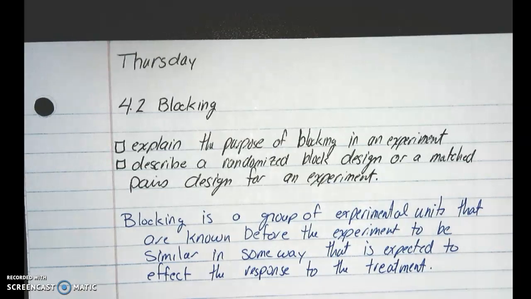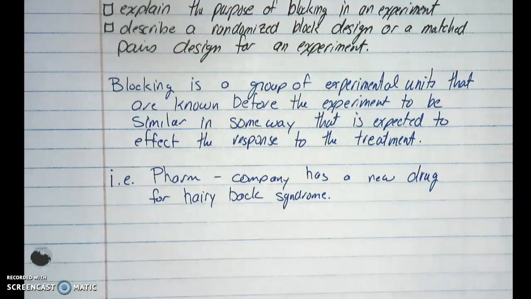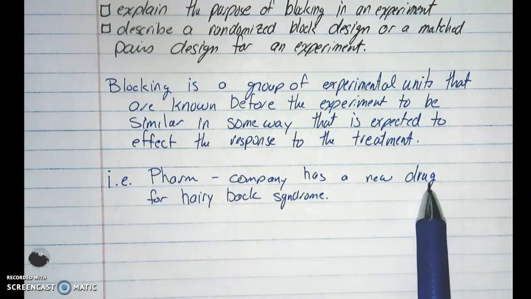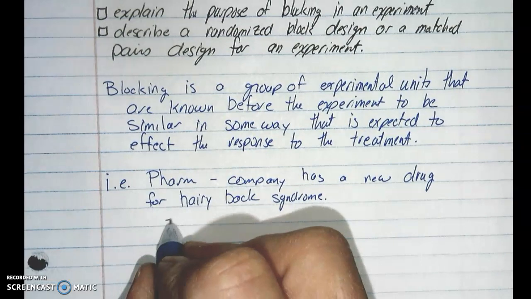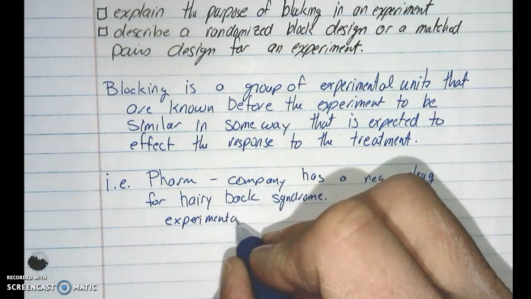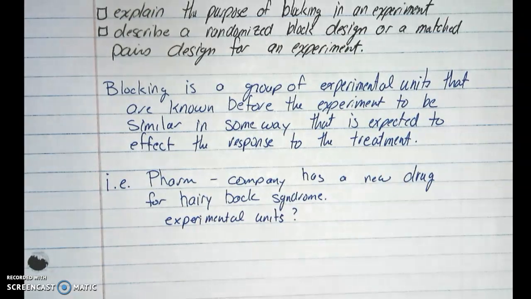Okay, so I'm going to pause it there for a second. And so what we're looking at, just kind of a funny example. Say a pharmaceutical company has a new drug that's going to fix hairy back syndrome. So what should our experimental units be?